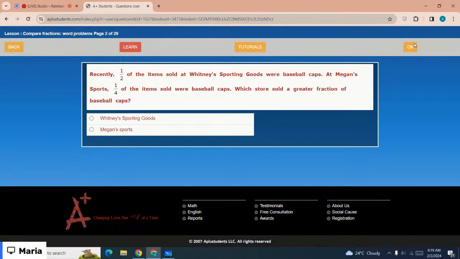Who sold more? Whitney's, right? Half, 1 by 2, right? 1 by 2 means half of them were sold. So Whitney's Sporting Goods sold a greater fraction of baseball caps. Got it?